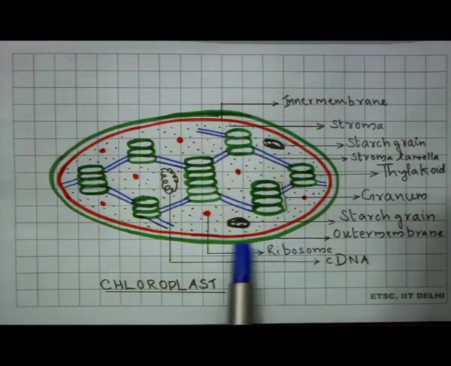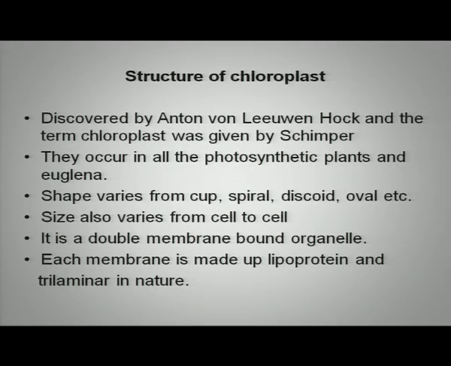So, two membranes you can see clearly here. Now, regarding its chemical composition, regarding its chemistry, it is lipoprotein in composition, just like that of our plasma membrane, made up of phospholipid and protein, and it is trilaminar in nature.